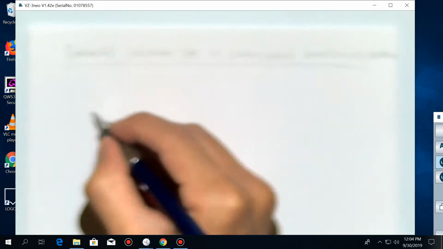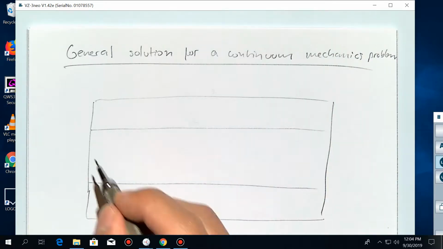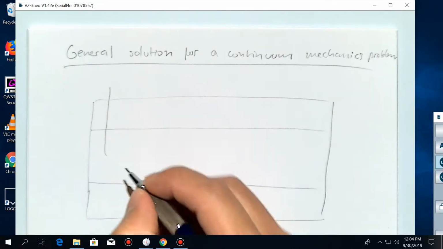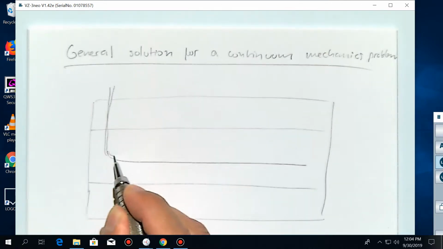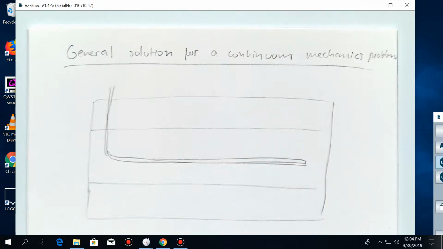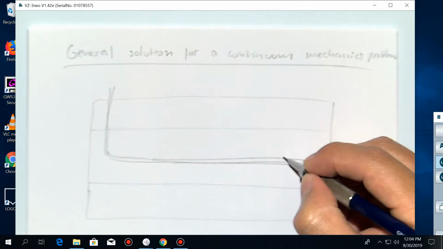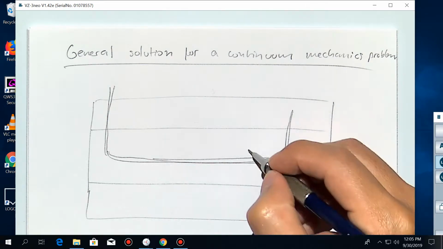So we were saying, what about if we had a medium in which you have a horizontal wellbore, and out of that horizontal wellbore you have multiple hydraulic fractures?